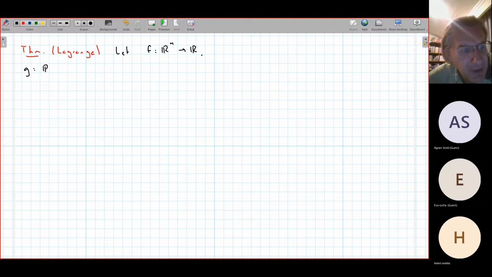It'll be a function that goes from Rn into Rk. And you suppose that these functions f and g are of class C1 over Rn.